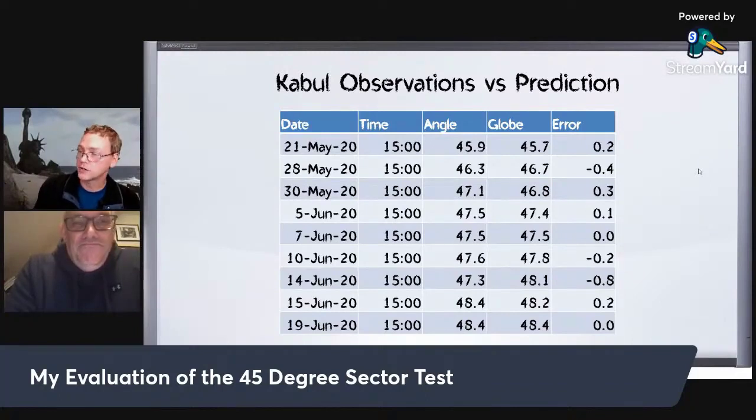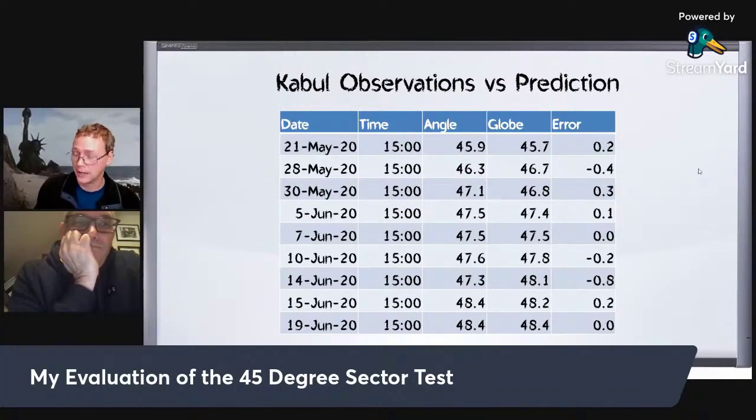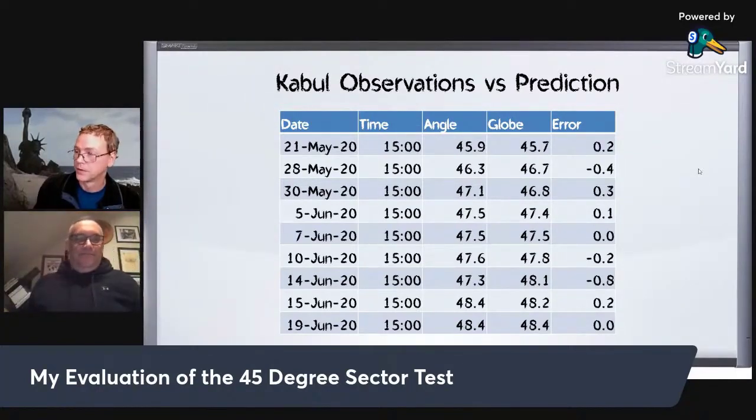The angle that you measured is labeled angle. The angle that the actual globe model predicts is in the globe column. And then for error, I showed the difference between those. On the 19th of June, your measurement matches the actual globe prediction precisely.